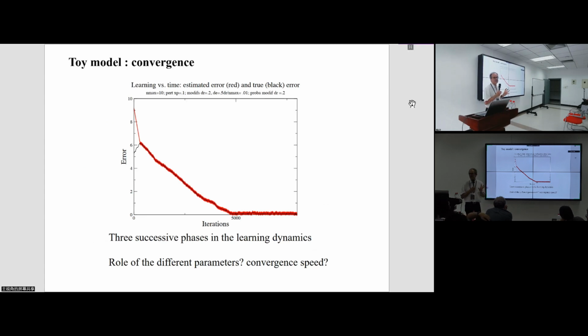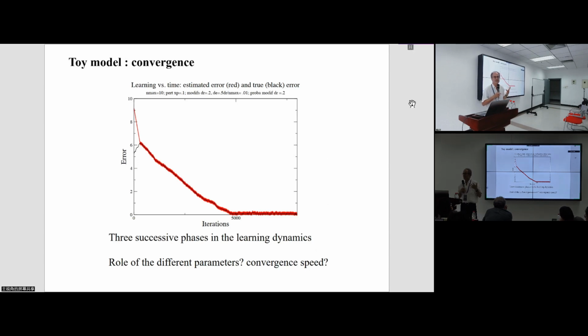There are 3 successive phases in this learning process. In the first, you have the black is E, your performance, and the red is your estimated error, your I. At first, the two are very different. There's no reason for them to be the same.